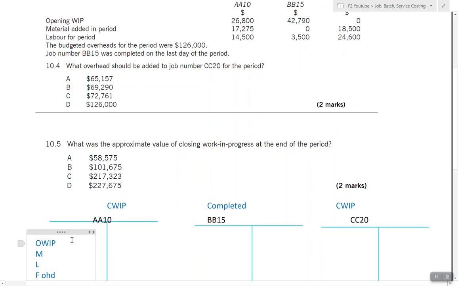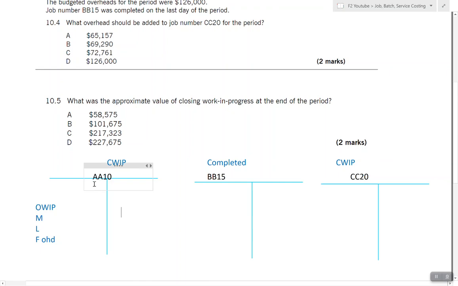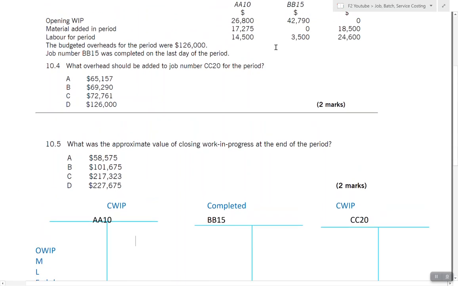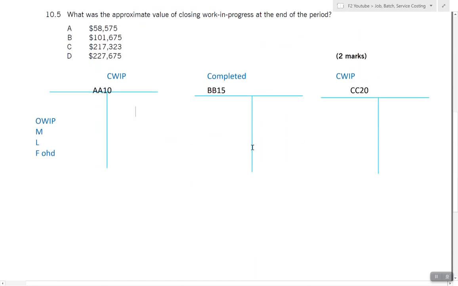Okay, so let's put the data. We have 4 things. Opening work in progress, which in this case is 26,800. Remember, write input on the left side.